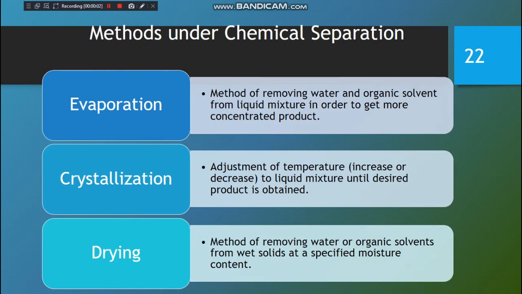Alright, so next we move to the next method under chemical separation, which is the evaporation process. There are different descriptions of evaporation, such as a method of removing water and organic solvent from a liquid mixture in order to get a more concentrated product.